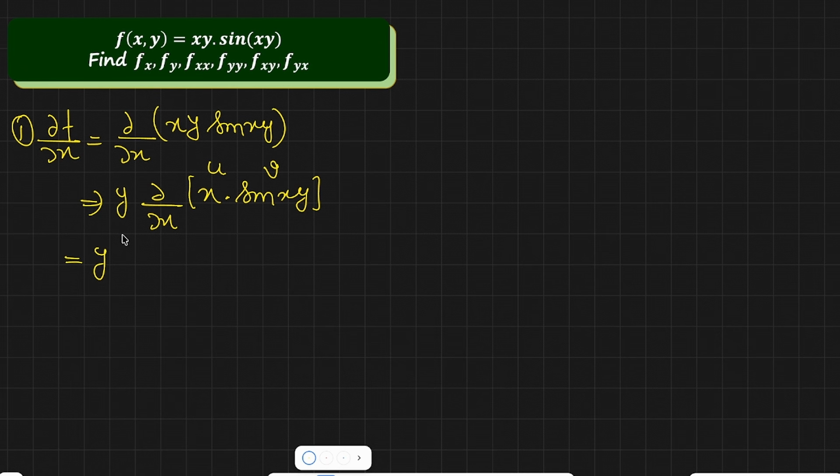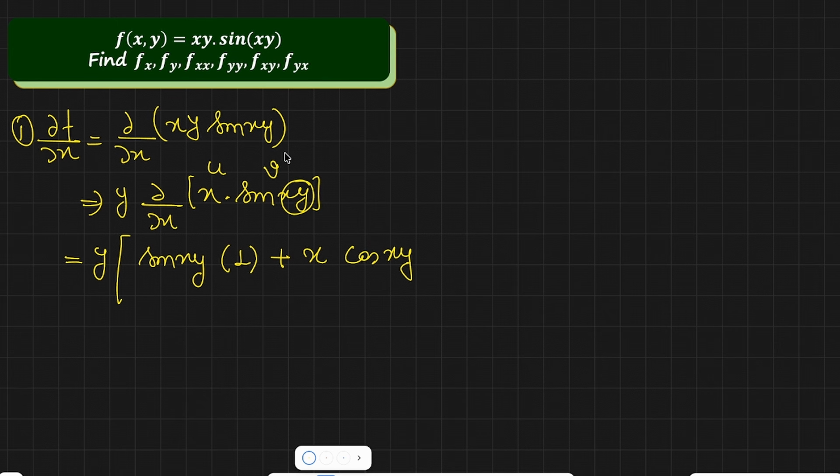First you take the derivative of u. So sine xy as it is, but the derivative of x with respect to x is 1, plus x as it is, times the derivative of sine xy, which is cos of xy into y, because y is constant.